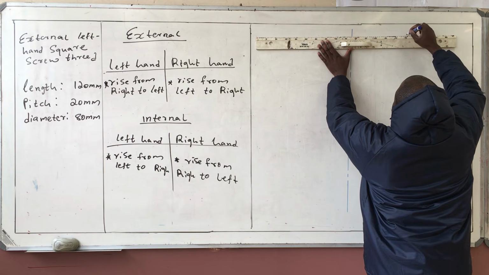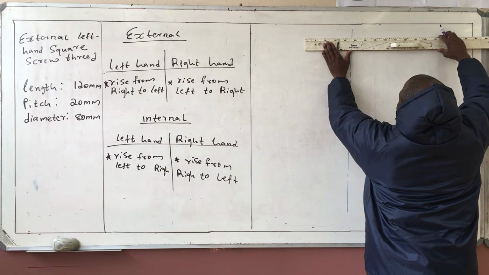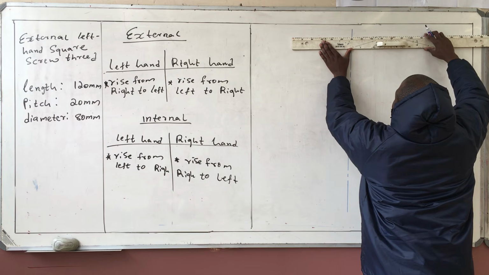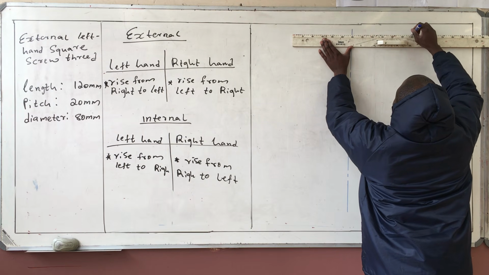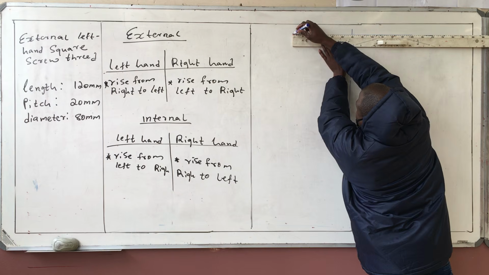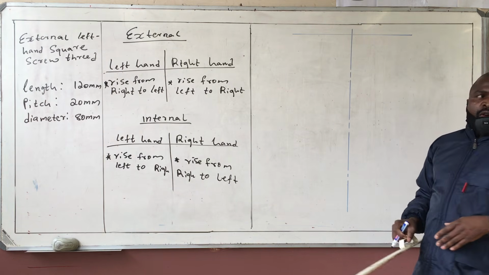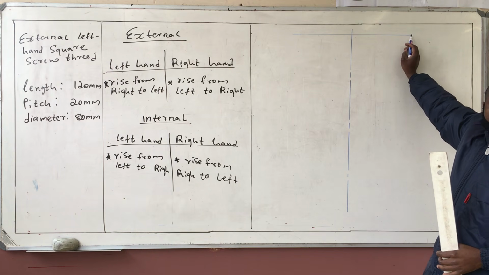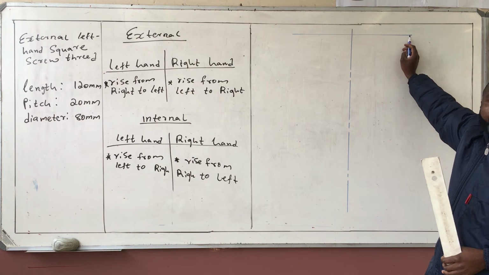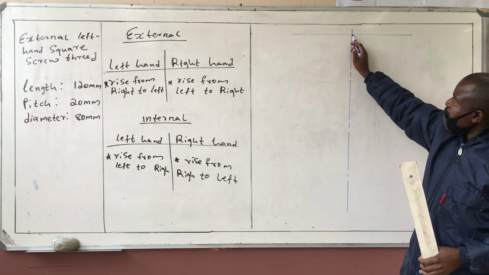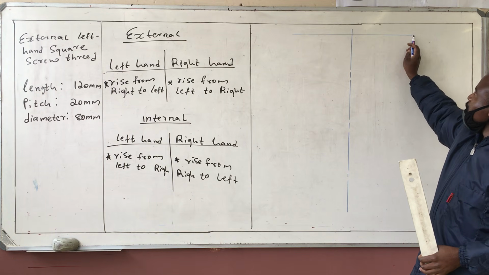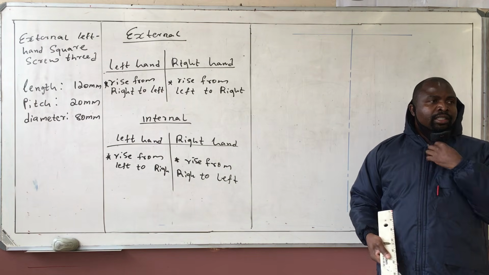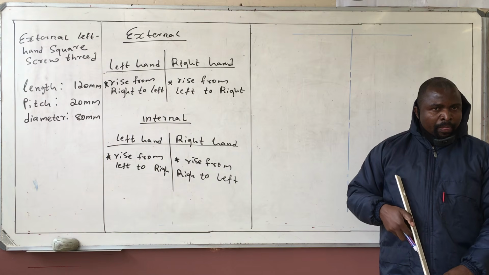This is my nominal diameter, 80. Using construction line, you draw your nominal diameter. Meaning from here to here, it will be 40. From there to there, it will be 40 to give us a nominal diameter of 80.